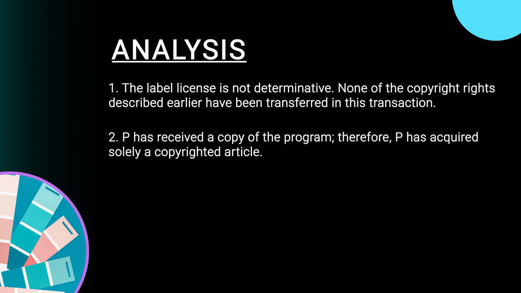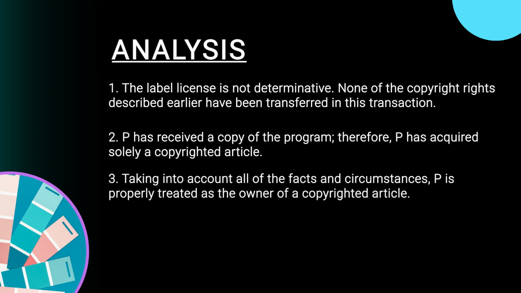Now, it could also be a copyrighted article if it's made available for download. It's still okay. Some of the examples within the Treasury regulation give an example where it's actually a download, delivered through the internet where the purchaser can download it. Now, taking into account all of the facts and circumstances, Paul is properly treated as the owner of the copyrighted article.